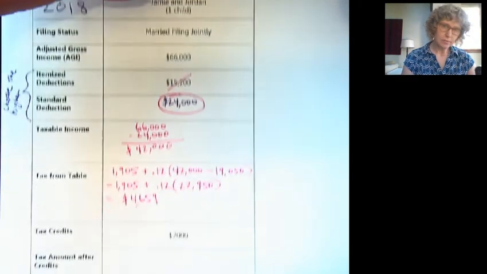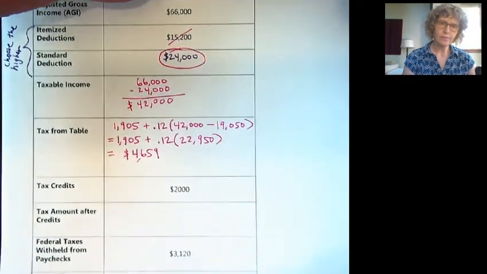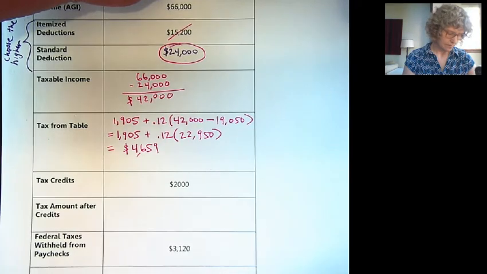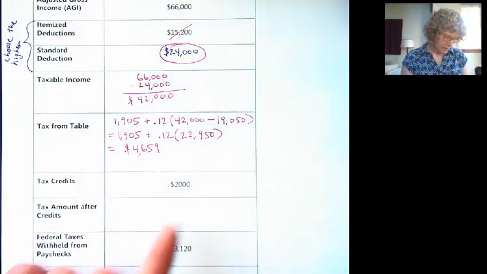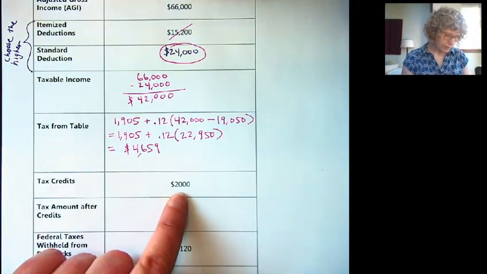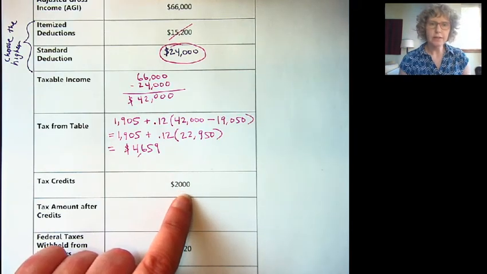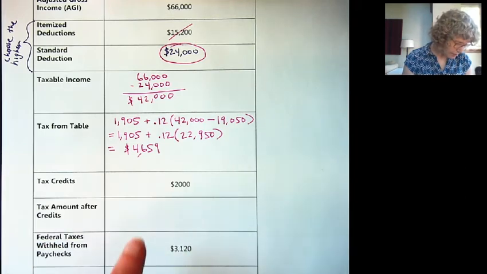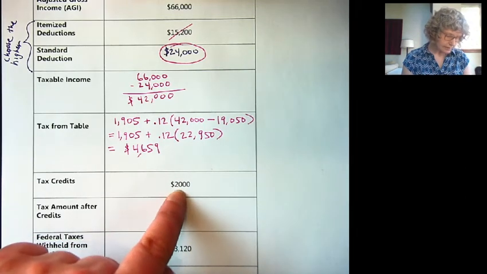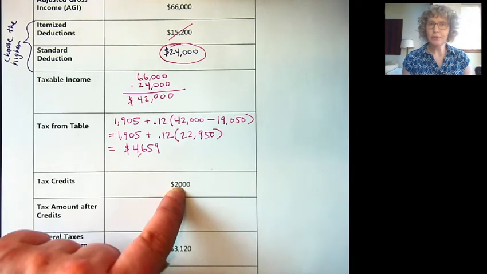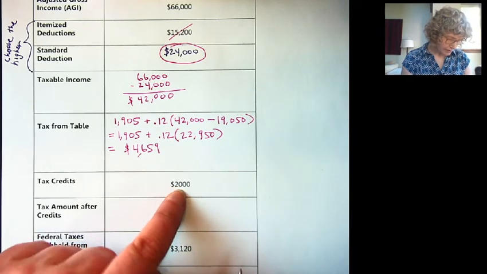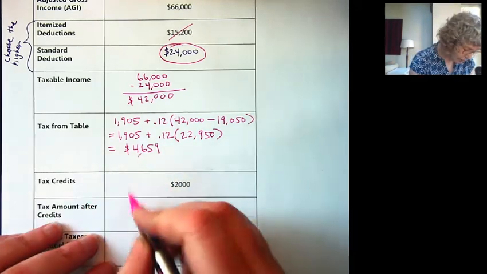So let me move this up a little bit. They have $2,000 in tax credits, and that is due to having a child. That's the child tax credit. So we get to take that tax credits, directly reduce your taxes dollar for dollar. So we get to subtract that from the taxes they owe.